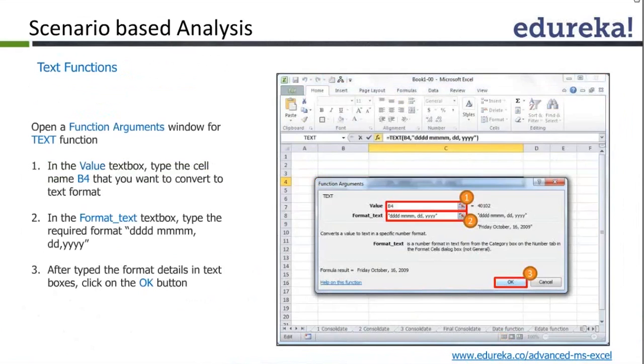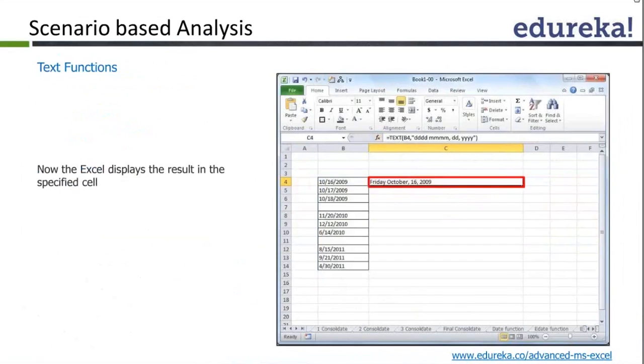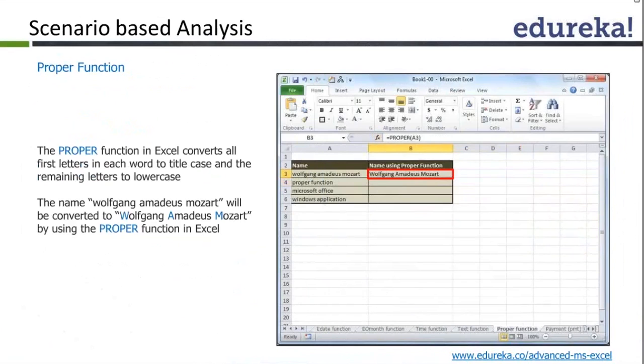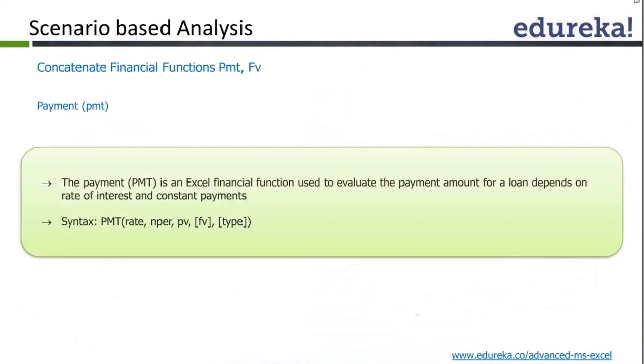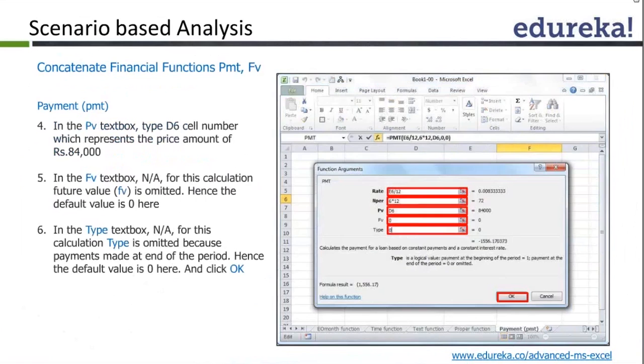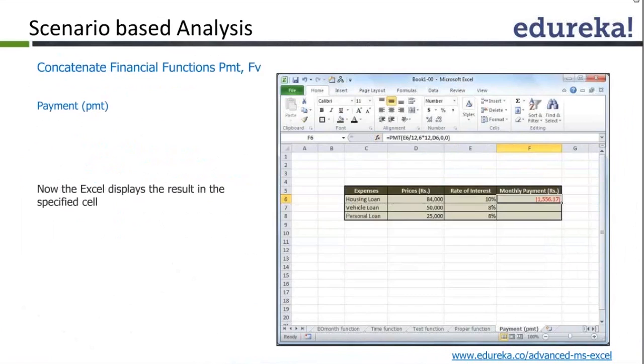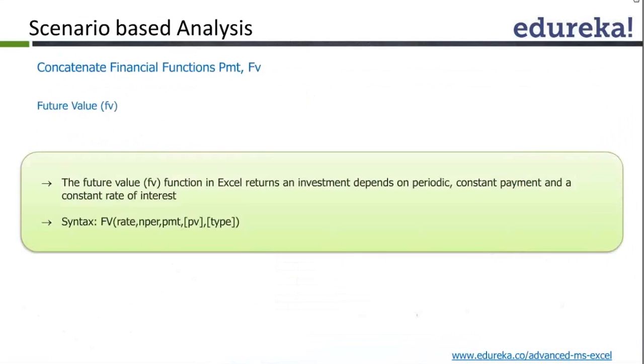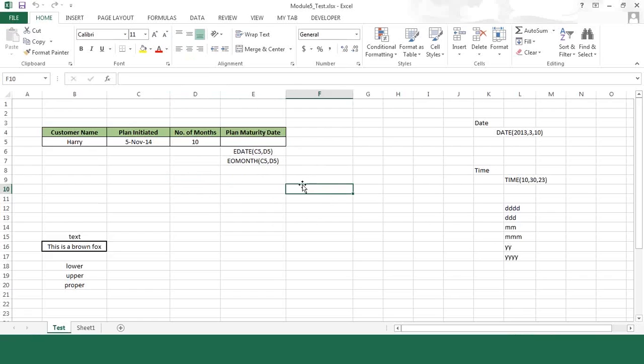And these are some text functions, and some other string related functions also we will see. And then financial functions. So let's see how these functions work. Okay, so we'll just see some of the functions.